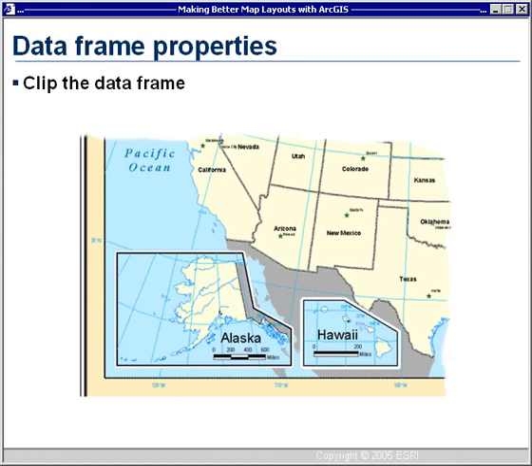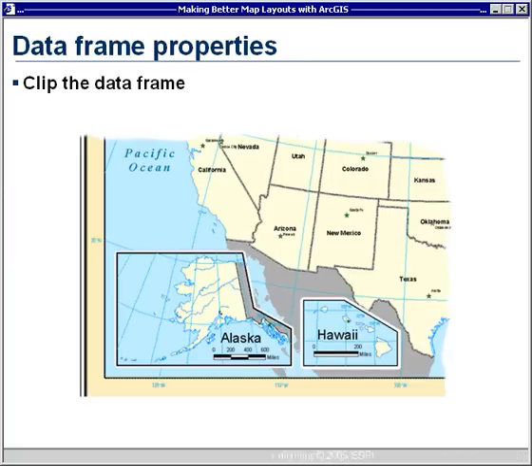Moving on to data frame properties. The data frame properties include many settings that you can use to support your layout design. One example is to clip a data frame. As shown in this example, there may be times when your layout will need to include oddly shaped extents, non-rectangular that is, or areas that are too widely spaced to fit within a single data frame.